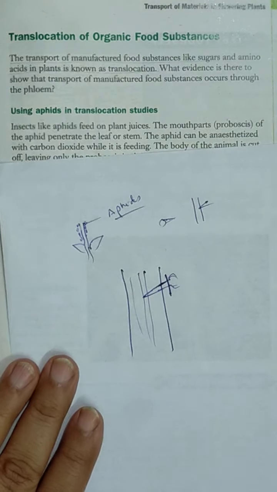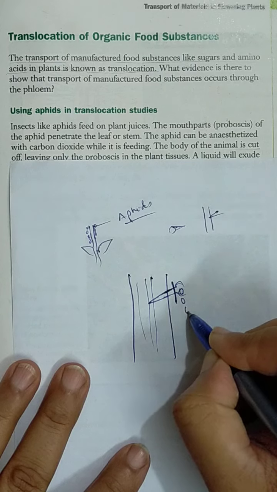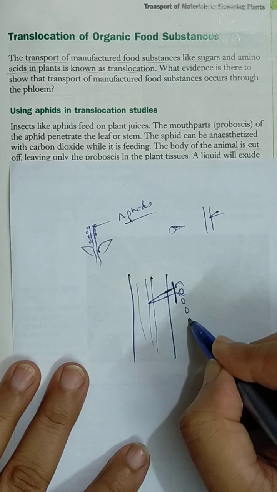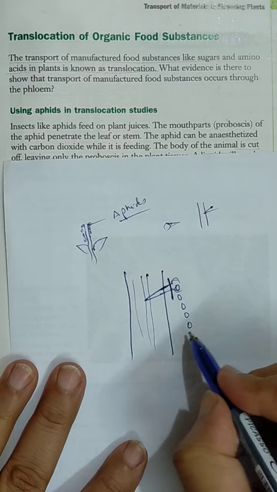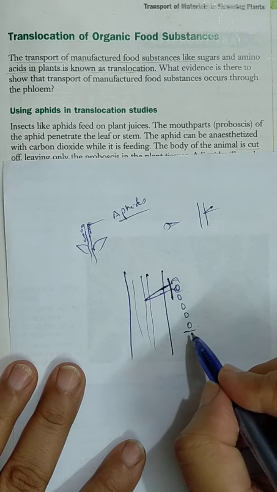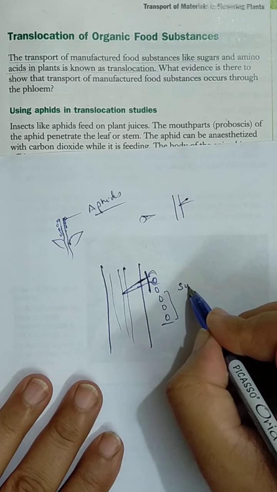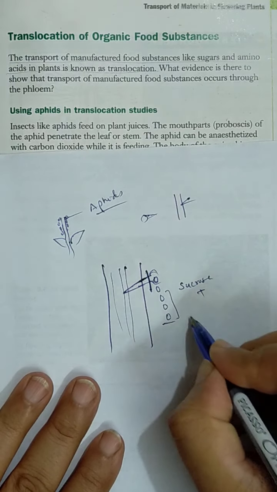Okay, so after some time they found that a liquid was coming out from the cut portion of its proboscis. They collected that liquid, and they came to know that this liquid has sucrose plus amino acids.